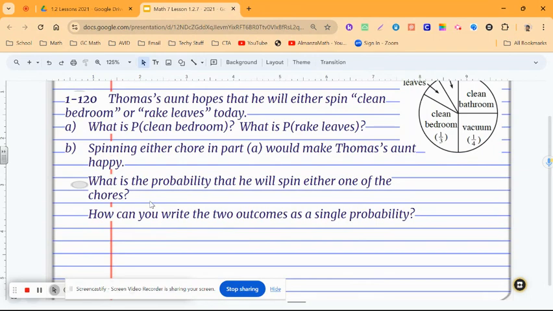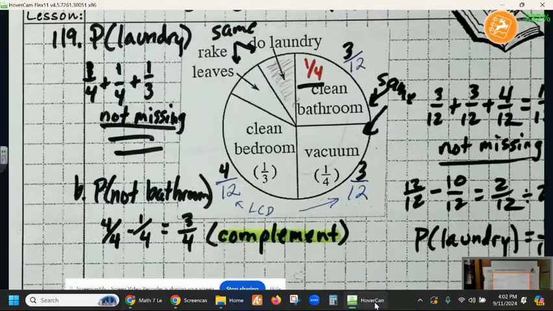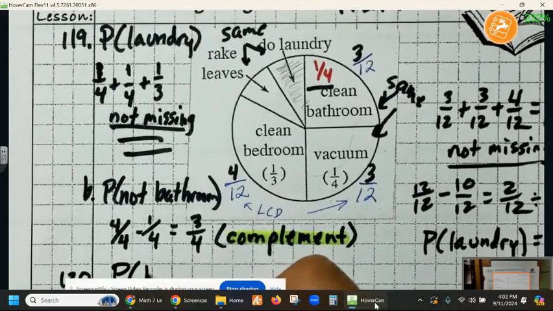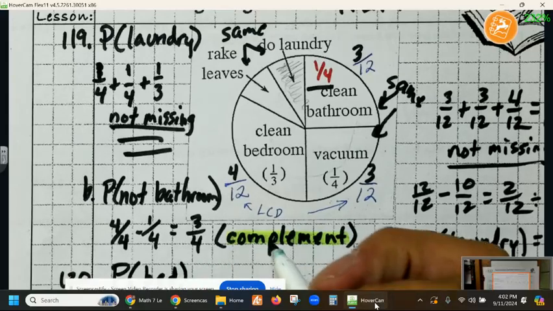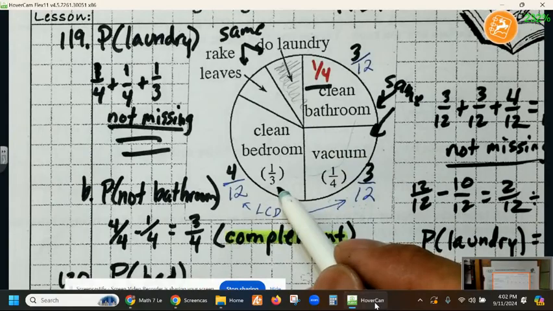Tom's aunt hopes that he will either clean the bedroom or rake the leaves. She really likes when his bedroom is clean and when the yard is clean. So what is the probability of bedroom or rake leaves? All right, so let's look at that. This is number 120. The probability of bedroom, we'll just put bed, is 1/3.